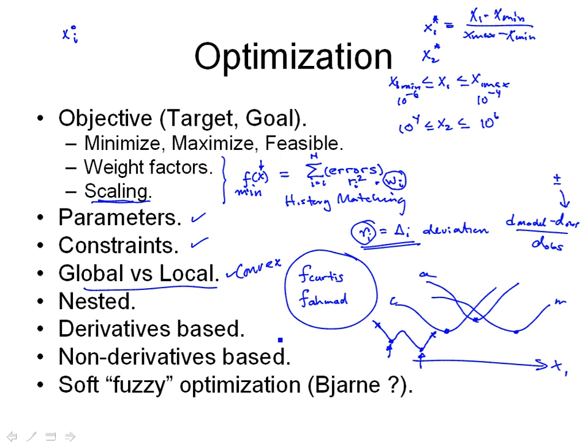Derivative-based and non-derivative-based methods were also not really discussed by Bjarne. What I think is guaranteed in the majority of integrated model optimization is that we will not have a smooth objective function, smooth enough to take derivatives.